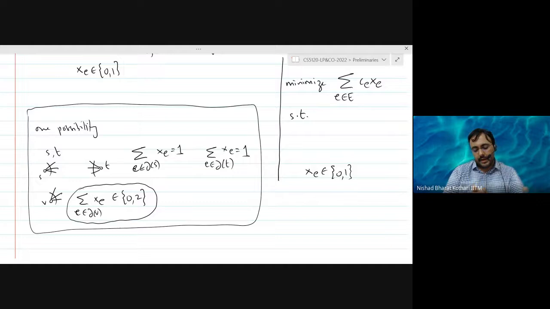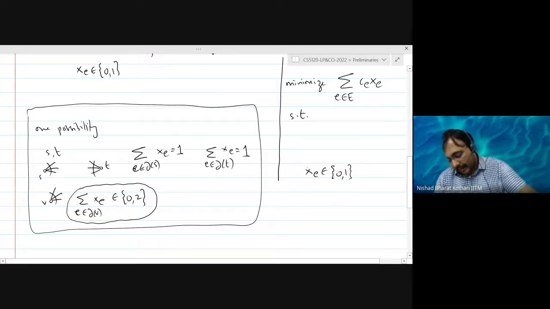What is an ILP? It's simply a linear program where you require certain variables to be integers. So how would I relax this to get a linear program? This is a bit too tight, because we won't be able to use the theory of linear programming to make progress on the problem. We want a linear program with just some integrality constraints.